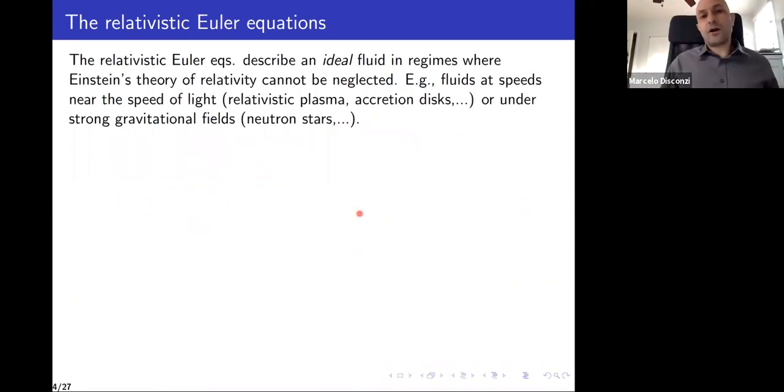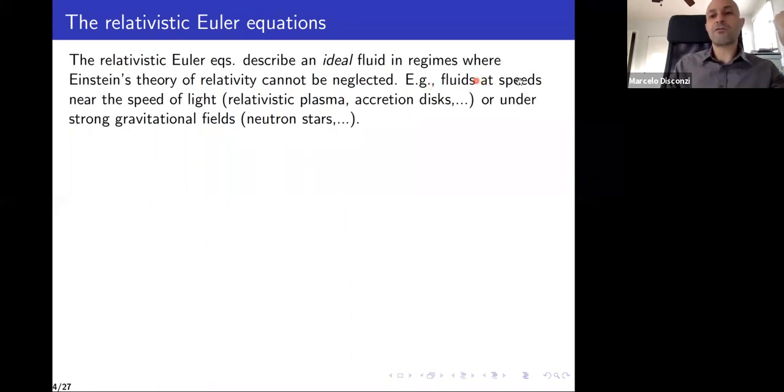So next, let me tell you about the relativistic Euler equations. The relativistic Euler equations describe an ideal fluid. Ideal means a fluid without viscosity, in regimes where Einstein's theory of relativity cannot be neglected. So here are some examples where you want to use the relativistic Euler equations.